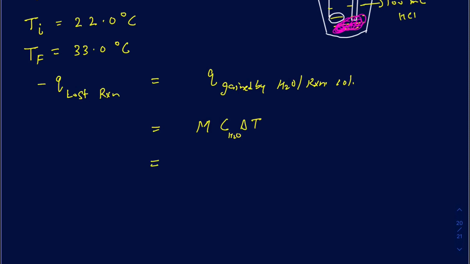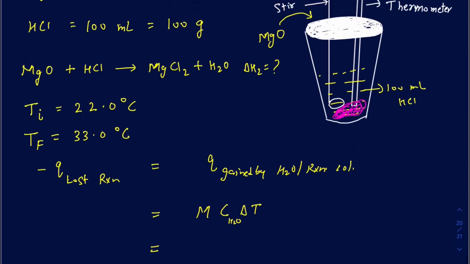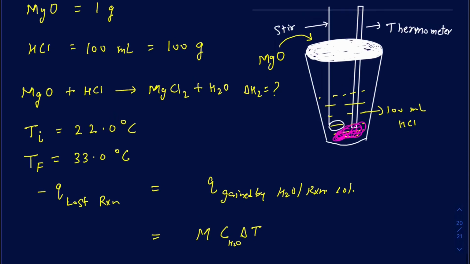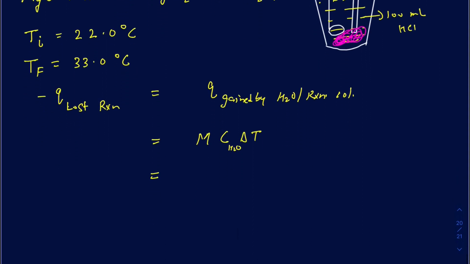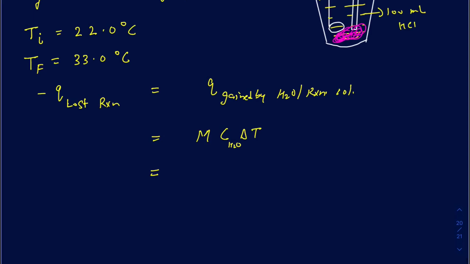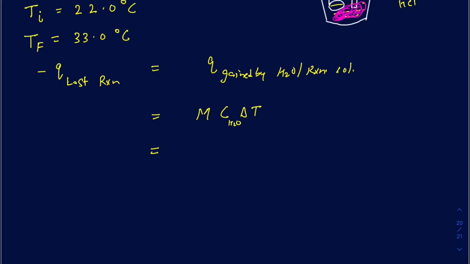So the mass of the solution, well, we have 100 milliliters of this HCl, which would have been 100 grams. And if you want to be precise, you have added 1 gram of MgO, so that's going to be 101. Even if you use 100, it may not make any big difference in the calculation.